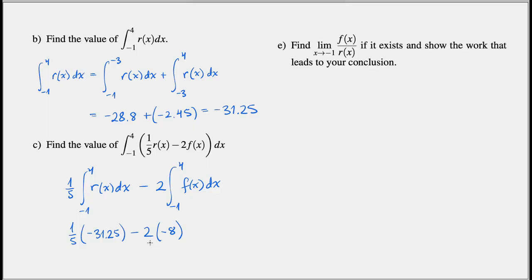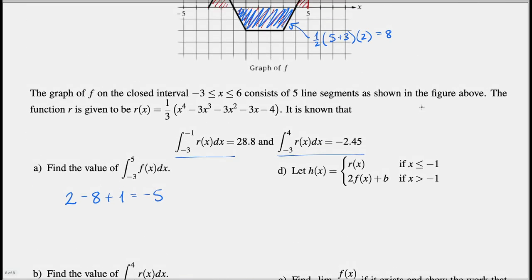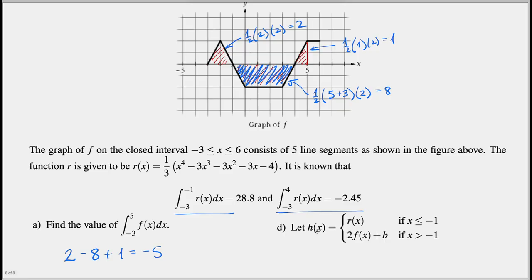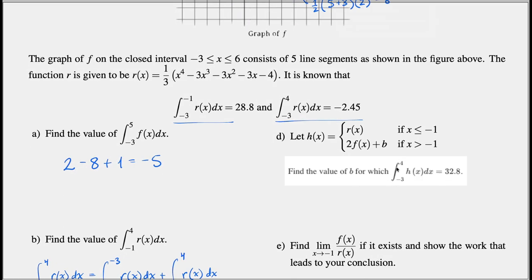All right, part D. Let h of x be this piecewise function, r of x if x is less than or equal to negative 1, and 2f of x plus b if x is greater than negative 1. Find the value of b for which this integral from negative 3 to 4 of h of x is equal to 32.8. Okay, so let's go ahead and do this then.